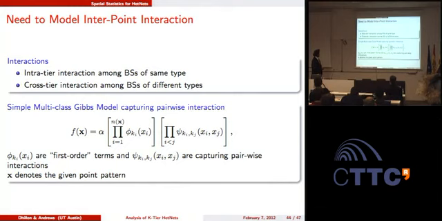So if you have X which denotes the given point pattern, the density over that X can be easily defined as the product of these two main terms, where your phi's are the first order terms, and you just had these terms, by the way, in a Poisson process. And then you introduce another product, which is dependent upon 2 points taken at a time. And hence you explicitly model the pairwise interaction.